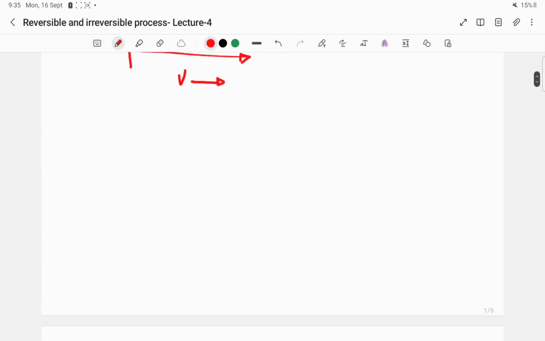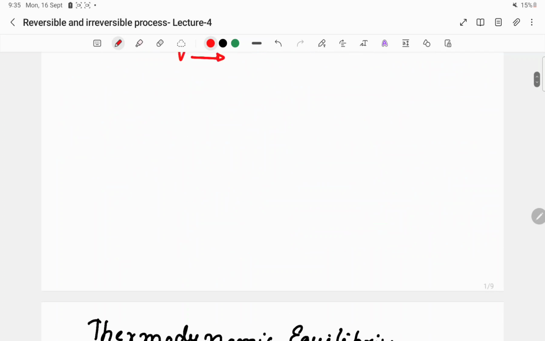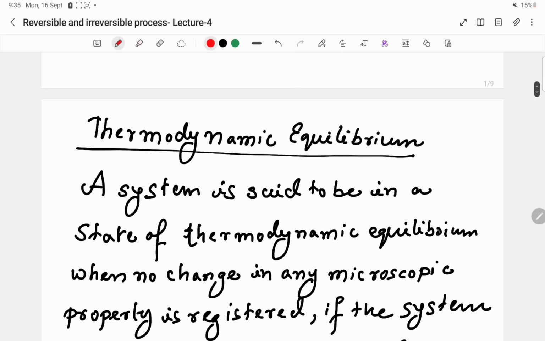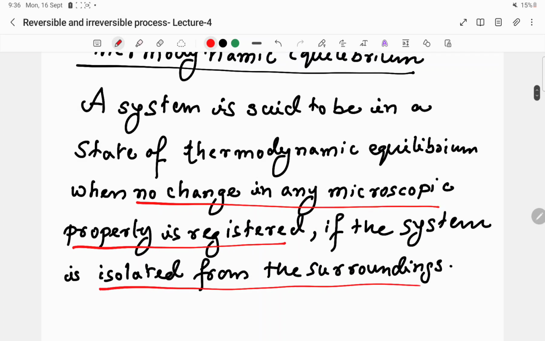Before going to the reversible and irreversible, we will be studying the thermodynamic equilibrium. Today I have written the statements, the definition before going for the lecture, because otherwise it will take much more time in explaining. So thermodynamic equilibrium is nothing but when there is no change in the macroscopic property if the system is isolated from the surrounding.